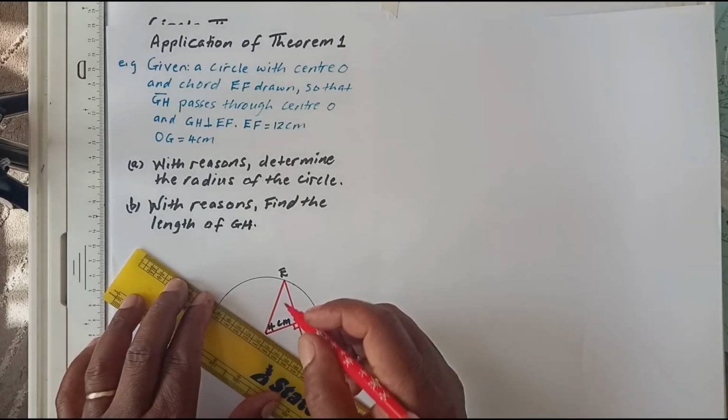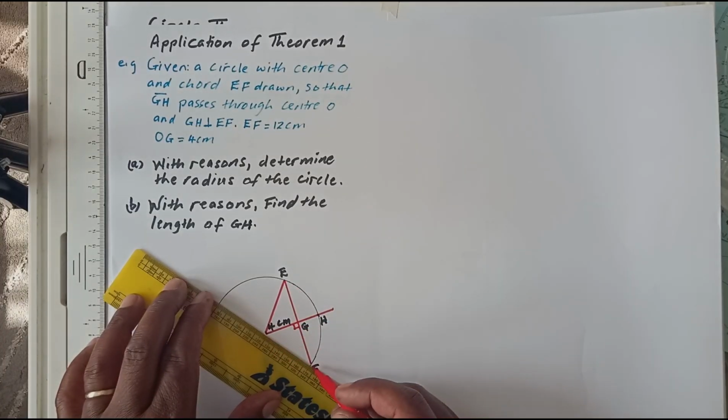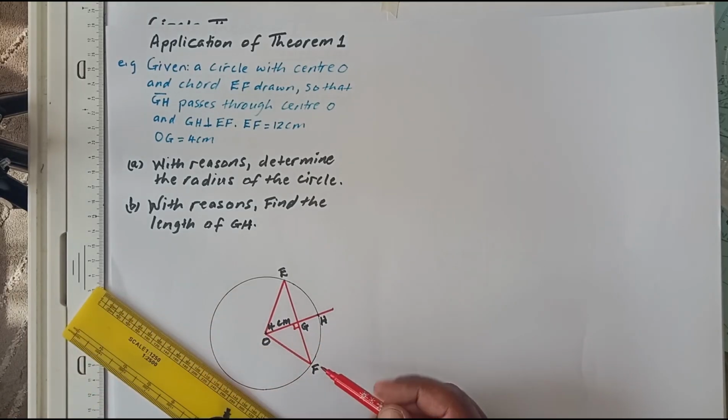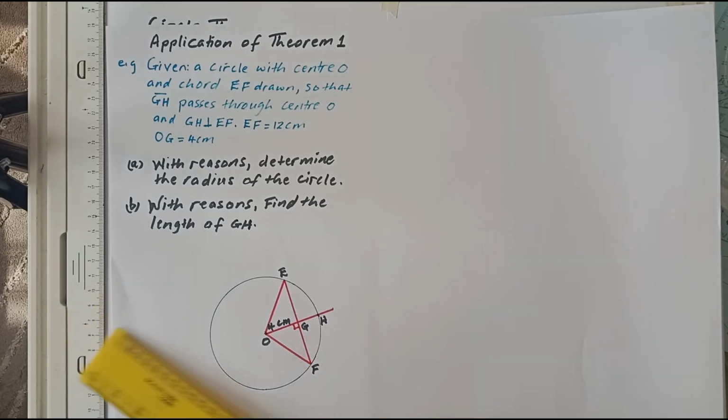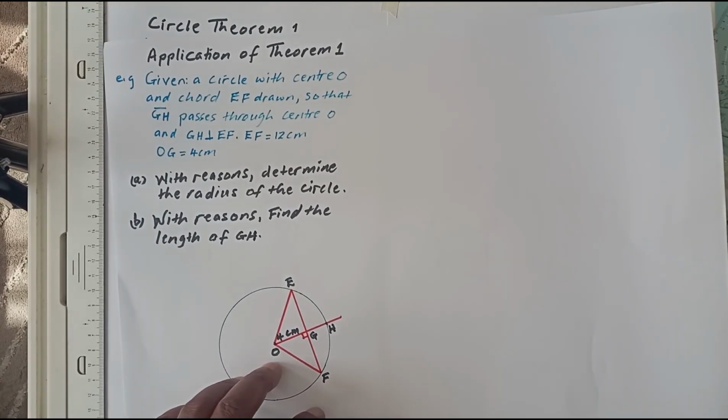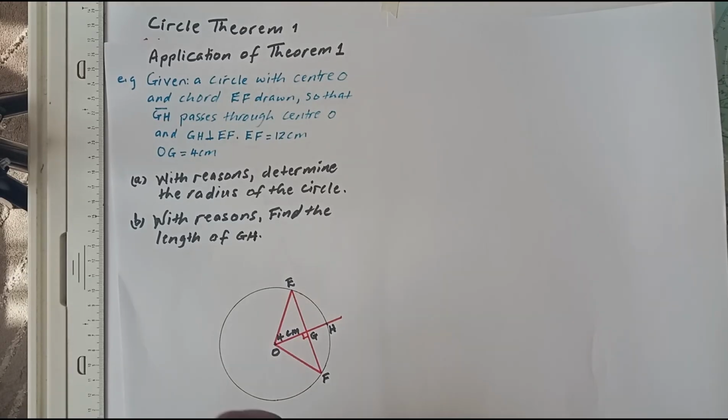And this triangle EOG is a right angle triangle. We can also draw a line from O to F. We complete another right angle triangle OGF. So this is an additional construction that is necessary.